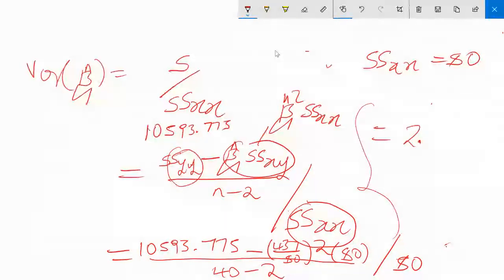2.6995 and so forth. So are you guys all having these values?